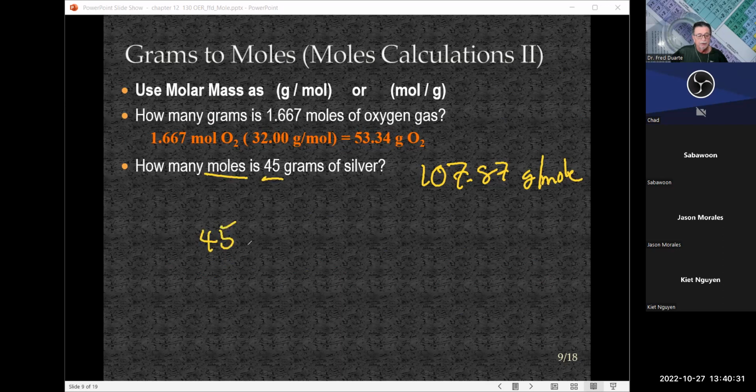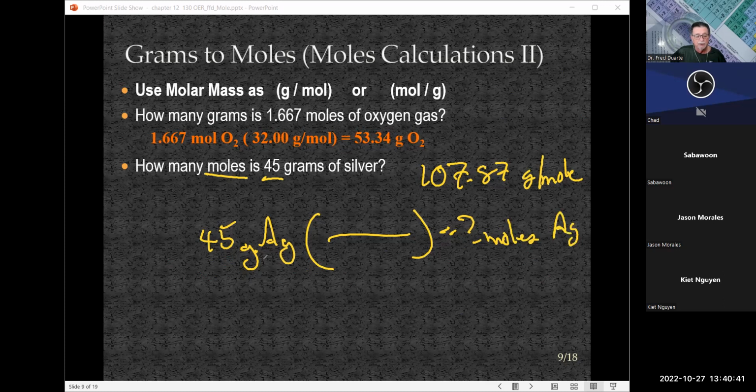So write down what we're given, 45 grams of silver. We're going to have a conversion factor here. We're looking for moles of silver. We're given grams, so I'm going to have grams in the denominator, 107.87, and 1 mole of silver in the numerator.